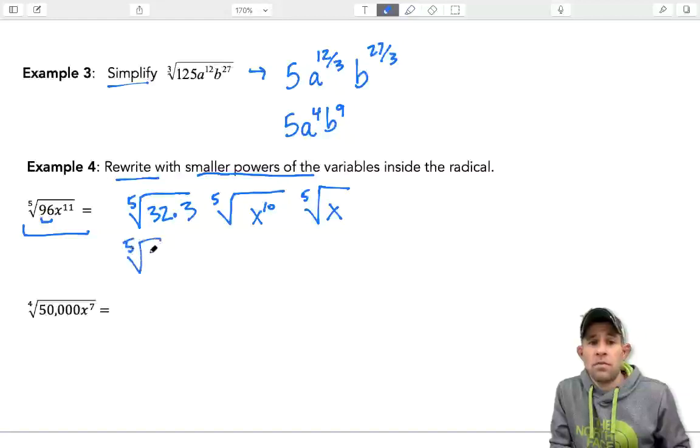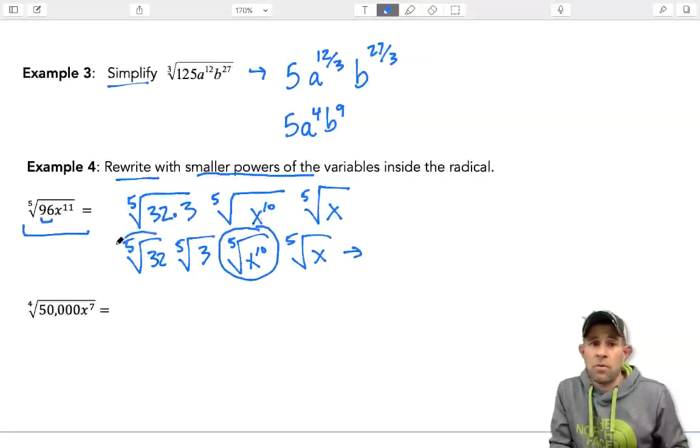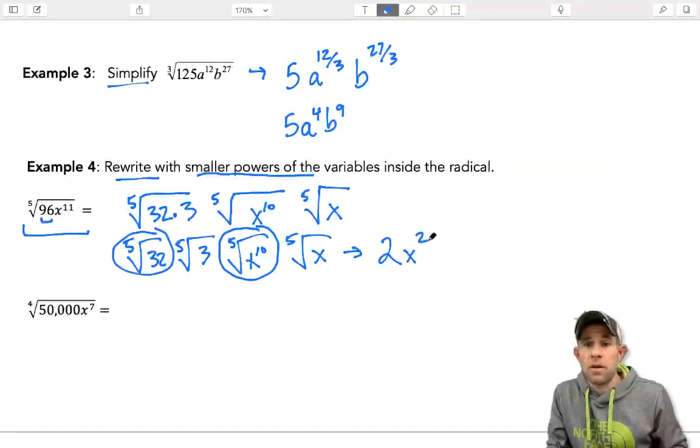We have the fifth root of 32 times the fifth root of 3 times the fifth root of x to the 10th times the fifth root of just x. Now there's a couple of these that we can actually perform. The fifth root of 32 is 2, and the fifth root of x to the 10th is x squared.